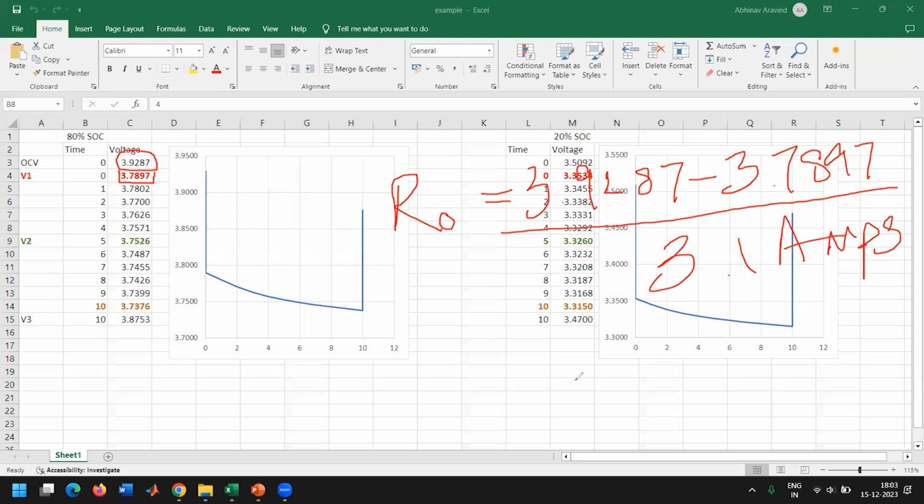According to the test data, the value of current supplied here is 3.1 amperes. If you take the difference between the two voltage values, 3.9287 and 3.7897, and divide that by the load current, 3.1 amperes, you should get your resistance, called the ohmic resistance. If you perform the simple calculation, this will give you a value of 0.045 ohms.